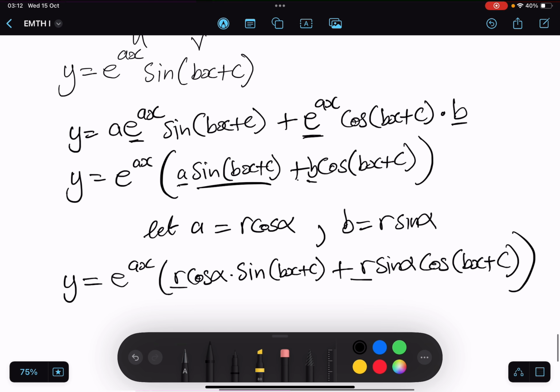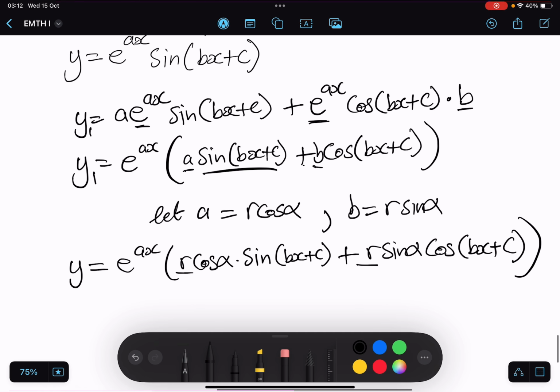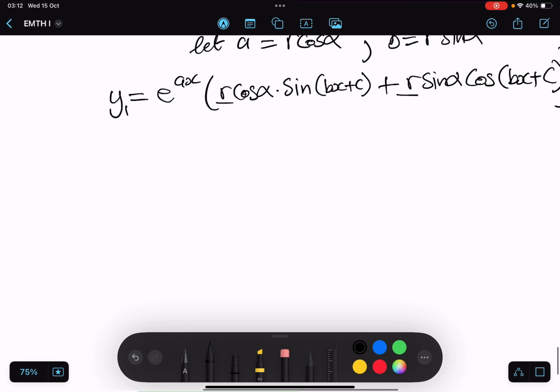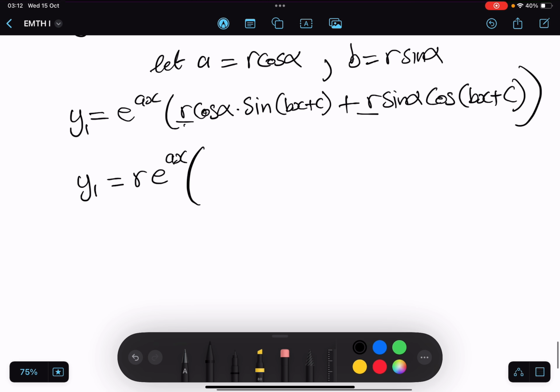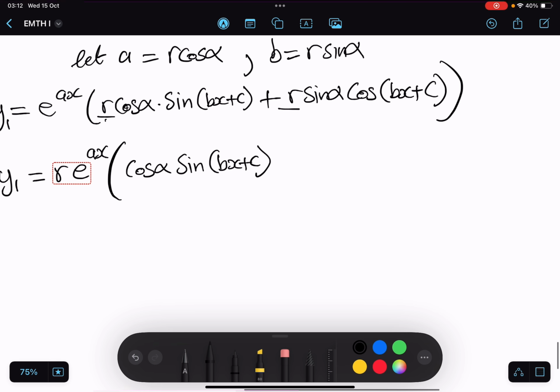Remember, this is y1 because we found the first derivative. We're just simplifying y1. So y1 is equal to r e^(ax), we factored out r, right? Now we are left with cos alpha sin(bx + c) plus sin alpha cos(bx + c), isn't it?